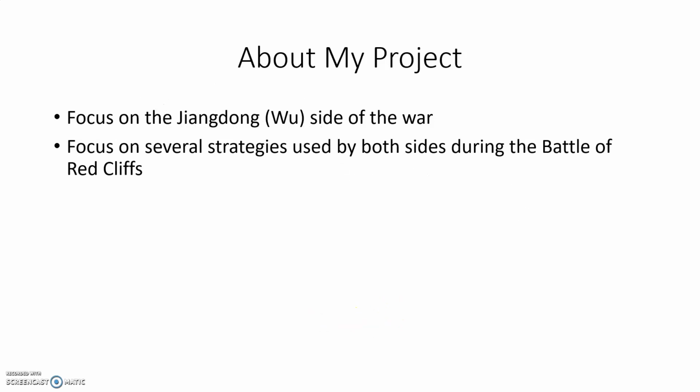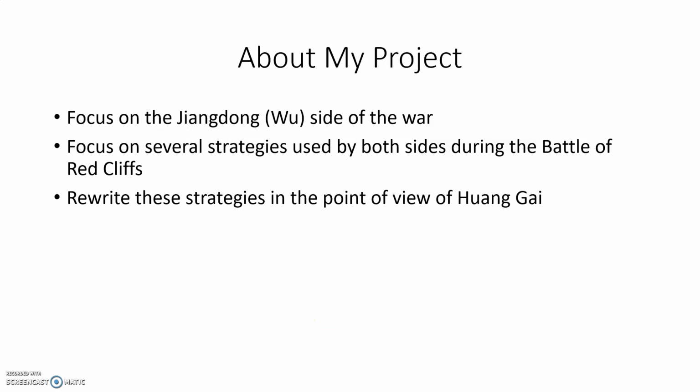I will focus on several strategies used by both sides during the Battle of Radcliffe, because I think the strategies are what actually made the story interesting. I will rewrite these strategies from the point of view of Huang Gai, since it's going to be a first person narrative. I will pretend to be Huang Gai.